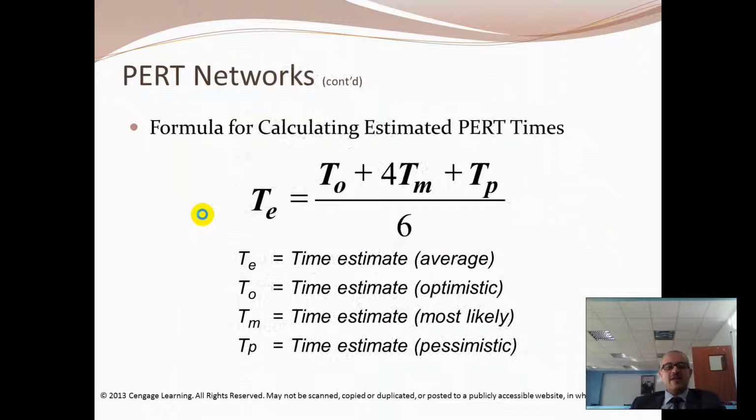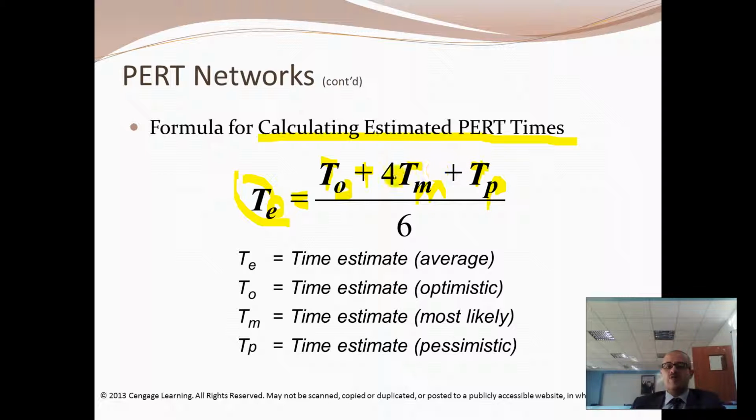We will look at this example here. This is the formula to calculate the estimated Pert time. Time E, estimated, equals the time optimistic plus 4 times medium or mean, plus time pessimistic.